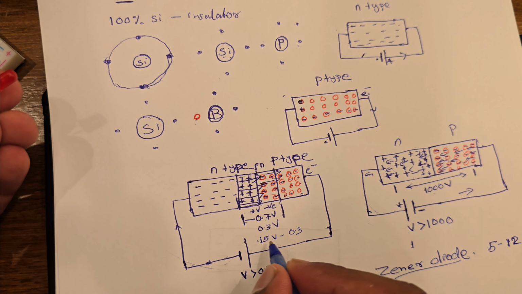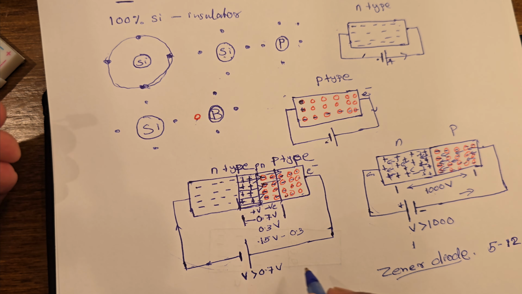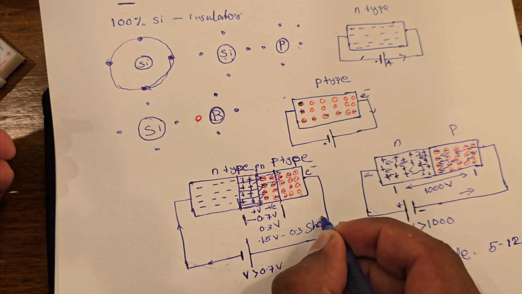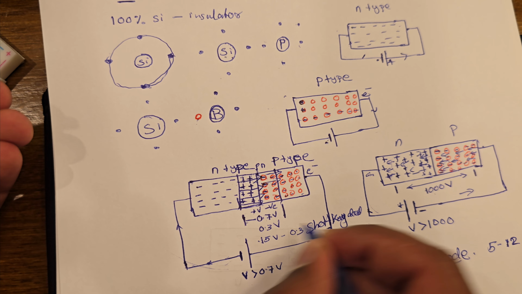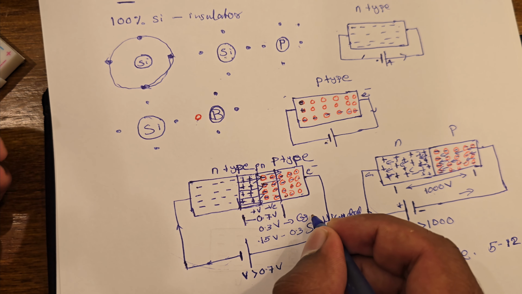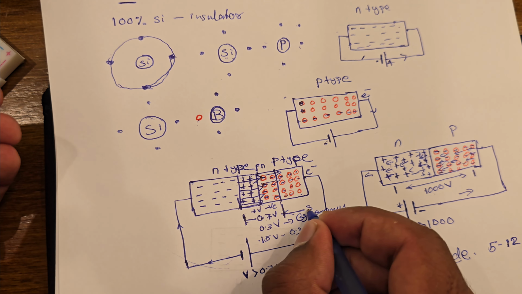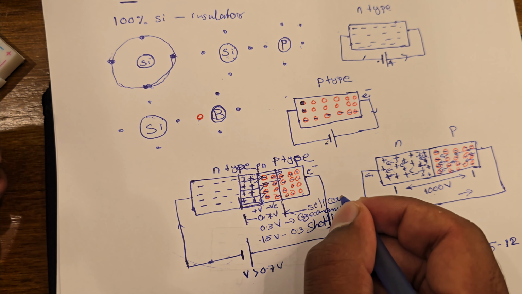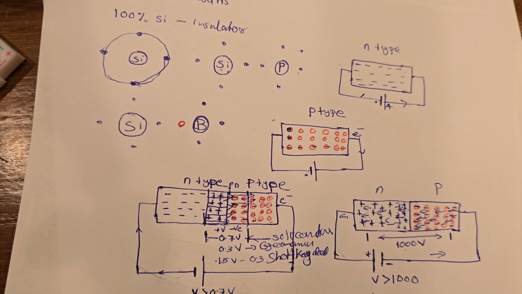That's a much lower voltage for this diode to work. Those kinds of diodes are called Schottky diodes. So germanium diodes are 0.3 volt and silicon diodes are 0.7 volt, which is most commonly used. So that's how a diode works.